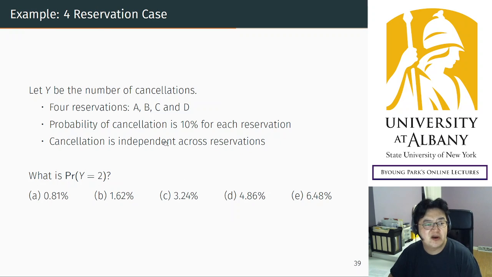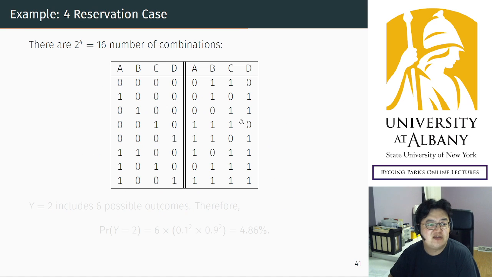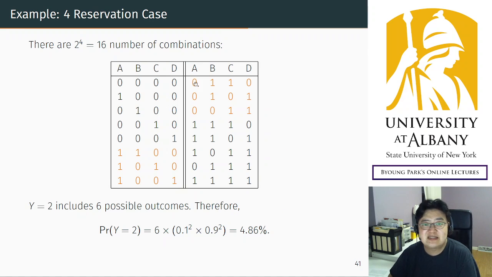The annoying part is counting the number of possible outcomes. When you have 4 reservations, we find that there are 6 different outcomes, 6 different combinations of 2 reservations out of a total of 4.